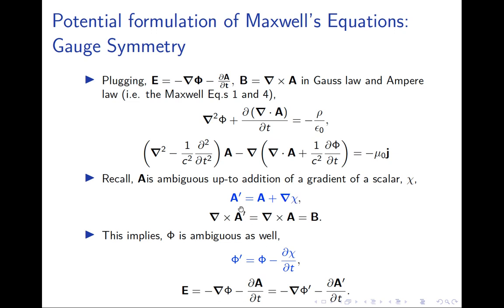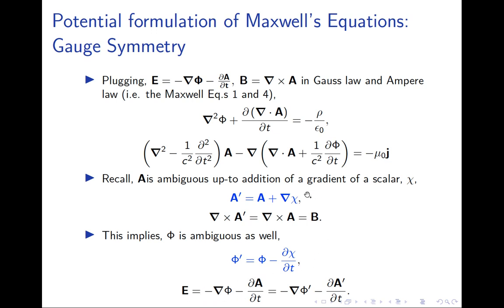And you can again check this, just like we saw that A and A prime gave you the same B. You can show that phi prime and A prime, given by these two blue equations, give you the same equation for E. If you insert the blue right hand side here and the right hand side here, everything cancels out and you get back your original electric field.